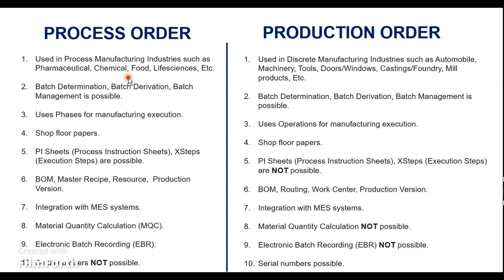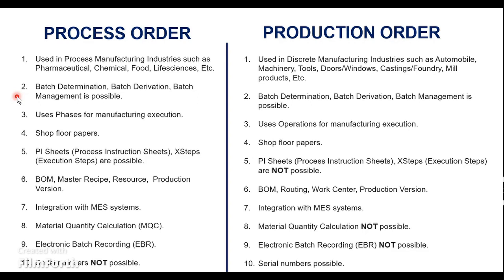And if the customer is into the FDA and follows the 21 CFR Part 11 norms, then we should also supply them with the functionalities of electronic batch recording. A few of these capabilities are not available in production orders, and we'll discuss them in detail once we go through the next point.